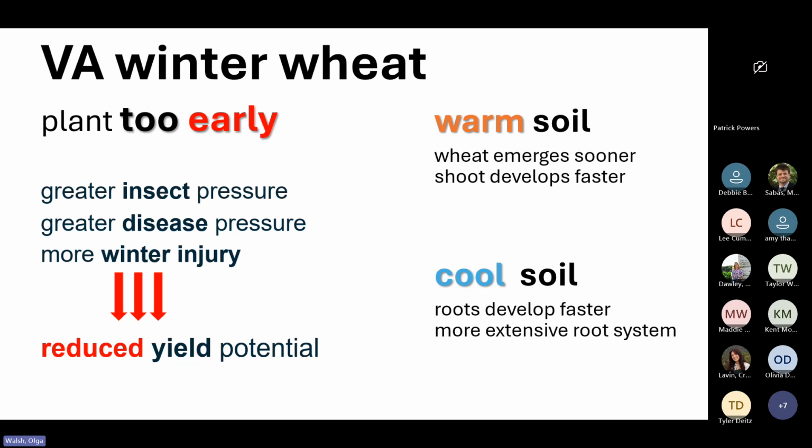And of course, all of those things tend to reduce yield potential. So when we plant in cooler soil, we actually help roots to develop faster rather than the above ground biomass. So then we have a more extensive, more stable, better developed root system, which actually helps to optimize our yields.